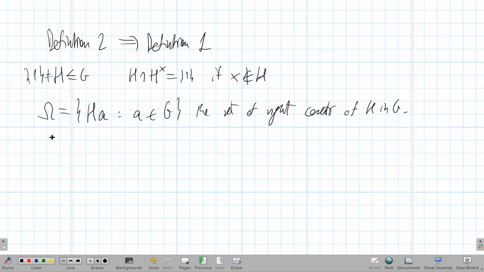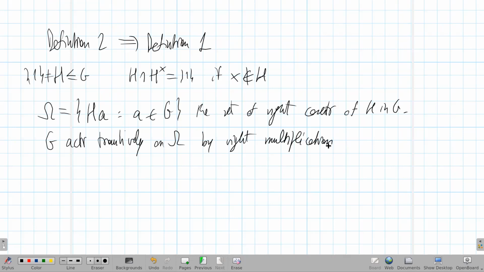So G, of course, acts transitively on omega by right multiplication. Why transitively? Because if you multiply Ha by a inverse b, you obtain Hb.